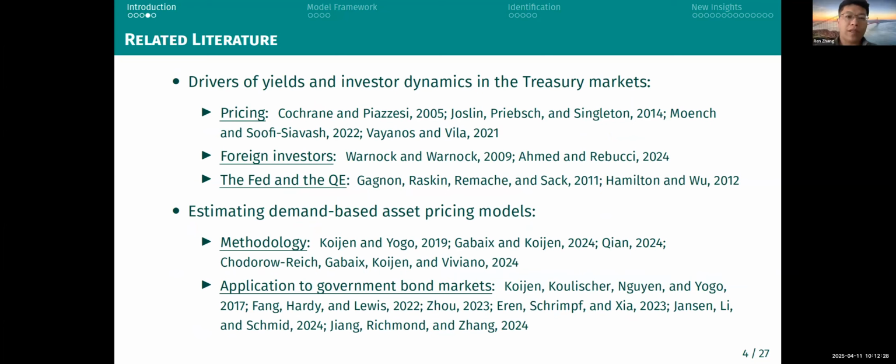Can I ask a couple of questions? Yes, Jen. So here, you mostly focus on the demand side. So how about the supply side? Yes, so we are also going to have something to say about the supply side, because as you see later, our demand system is actually a demand supply system, so that we can actually also explicitly model how the treasury is responding to prices, overall prices in the treasury notes and bonds market.